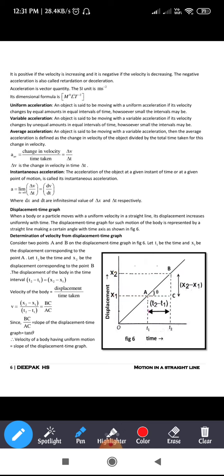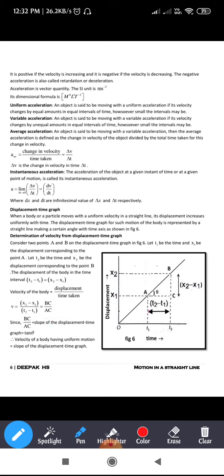Similarly, t2 is the final time and t1 is the initial time, so t2 minus t1. Hence the velocity can be expressed as v is equal to x2 minus x1 divided by t2 minus t1, which is equal to BC by AC.